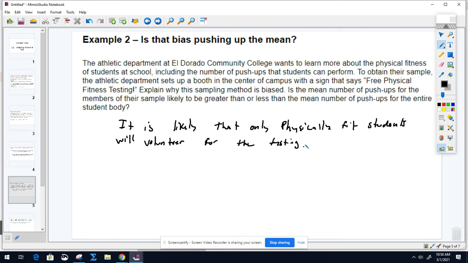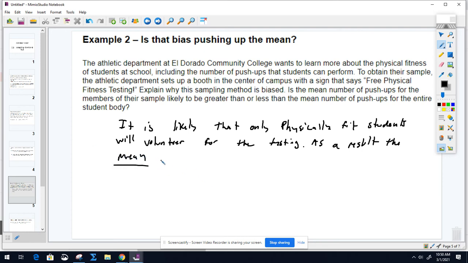Okay, so students who aren't in good shape are unlikely to volunteer. Again, that's kind of implied by saying it's likely that only physically fit students will volunteer. So as a result, the mean number of push-ups, again, what does the mean mean?